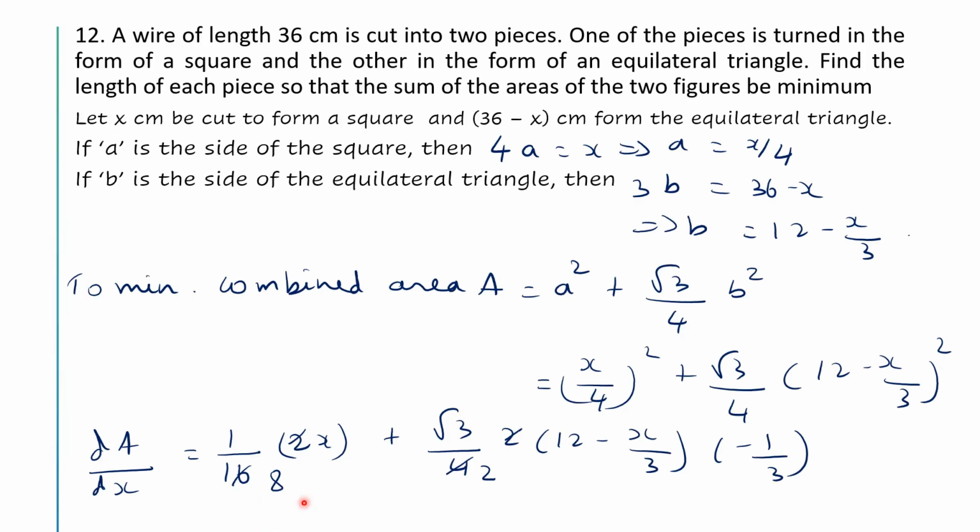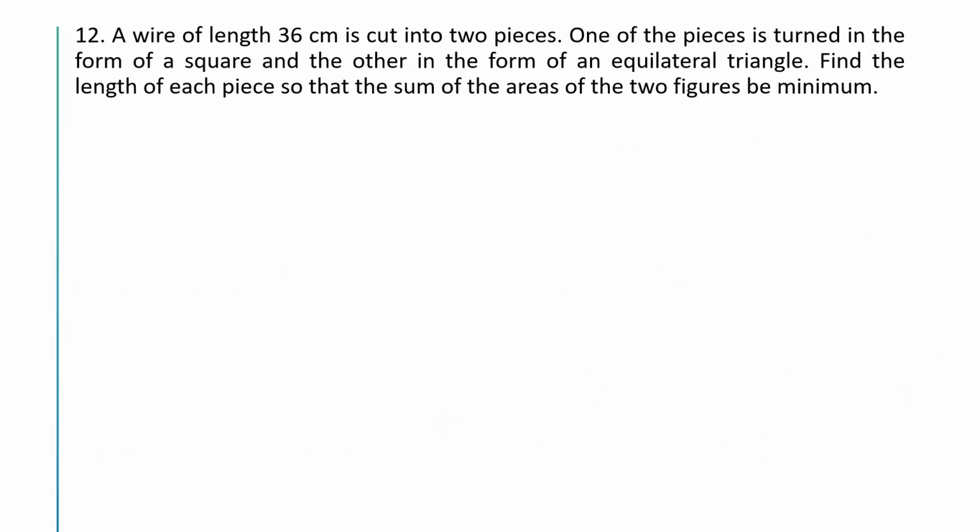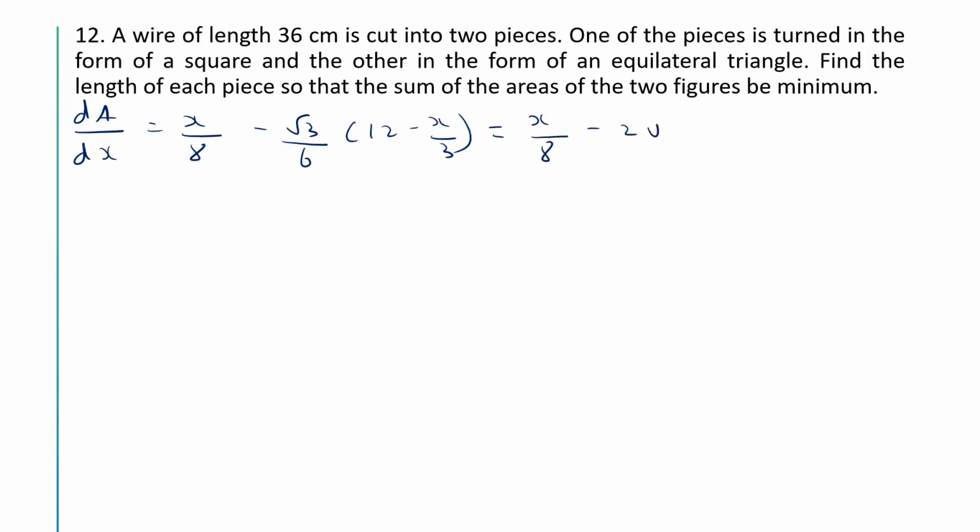So it is x by 8 minus root 3 by 6 into 12 minus x by 3. So we get dA by dx is equal to x by 8 minus root 3 by 6 into 12 minus x by 3, or it is equal to x by 8 minus 2 root 3 plus x root 3 by 18.